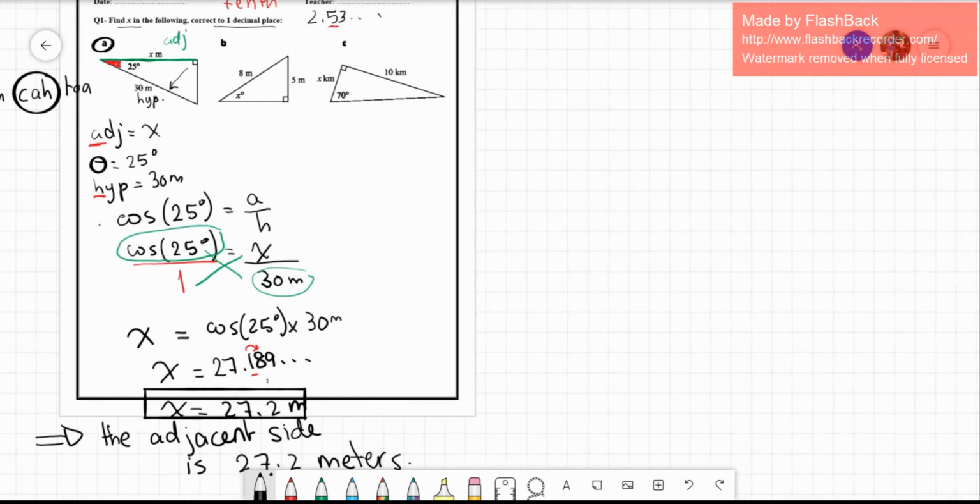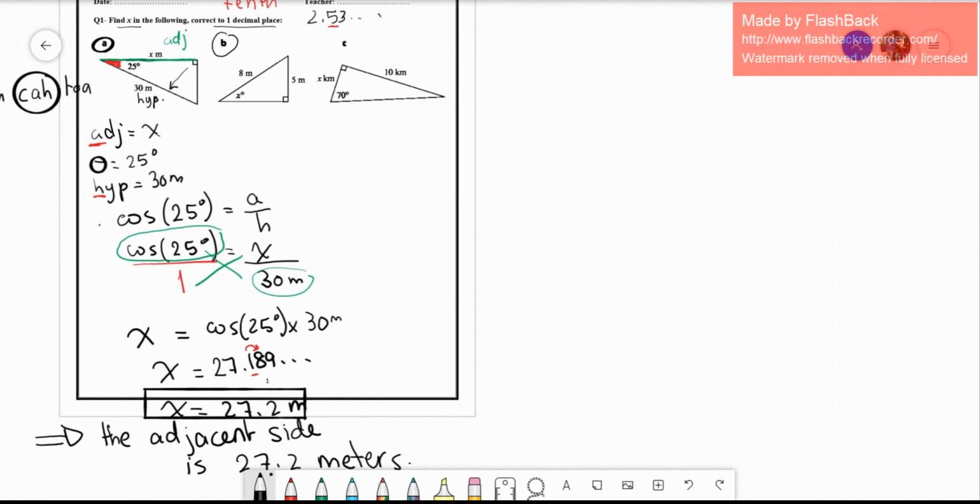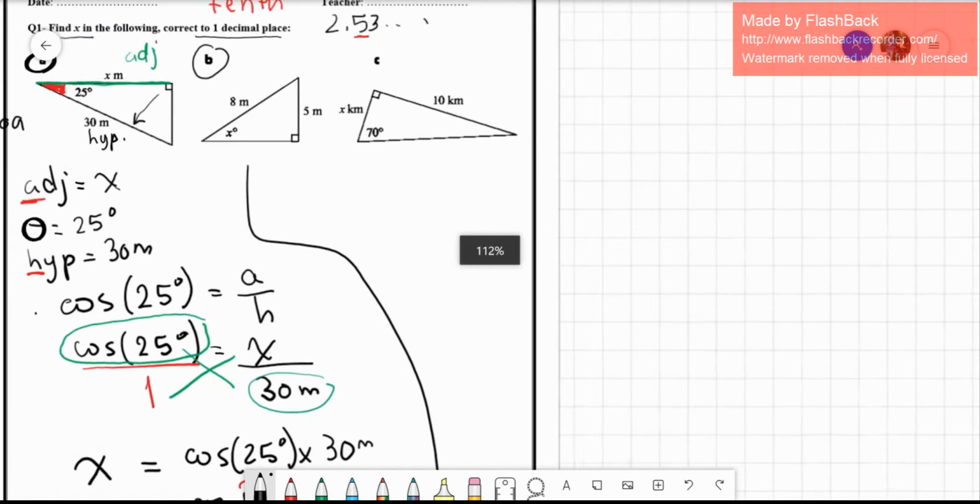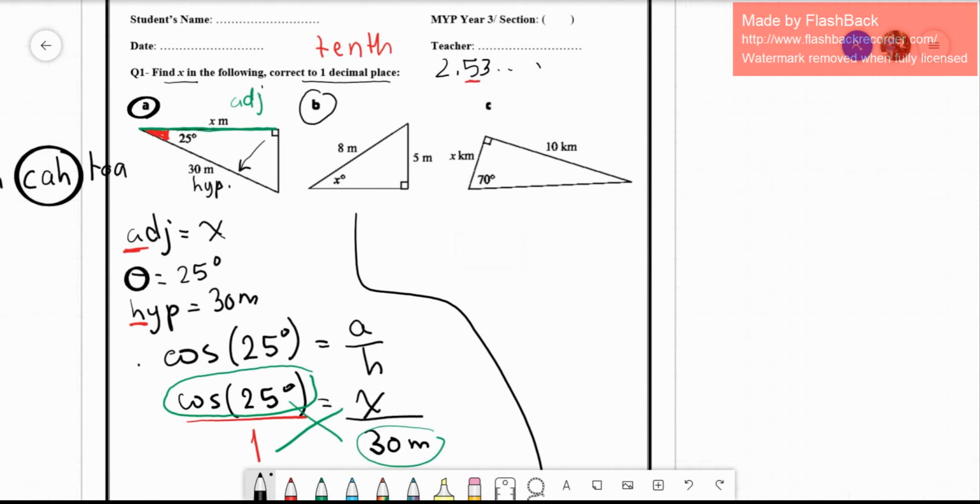Moving on to part B. Now let us look at part B. In part B, x is a side or an angle? X is an angle. So here we need to find the missing angle. How do I find the missing angle? Let us see what we have. They gave us 5 meters.